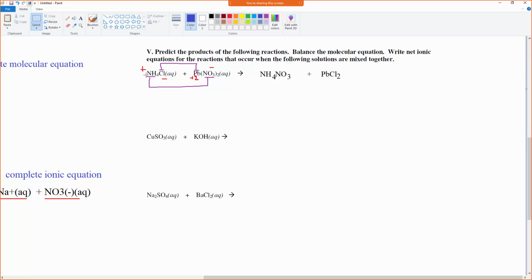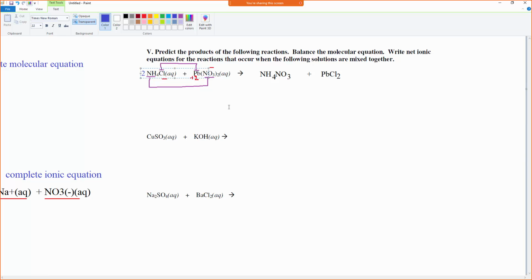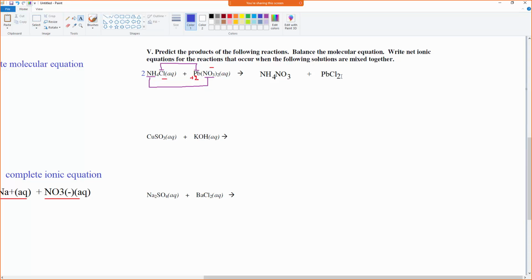We've got 2 chlorine here, so we're going to need 2 chlorines here. So hang on a second, let me give me some space. I'm going to put a 2 right out in front, right there. Okay, that gives me 2 chlorines and 2 chlorines.